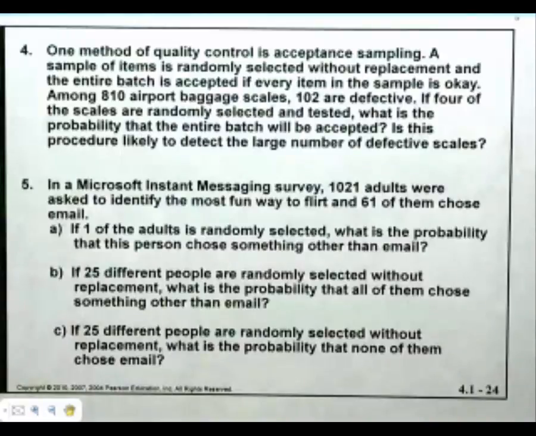No, there are more than just one bad one in the batch. That would give me the probability that I find a bad one, but I asked for the probability that I find a good one. You see how important it's going to be to read carefully here?